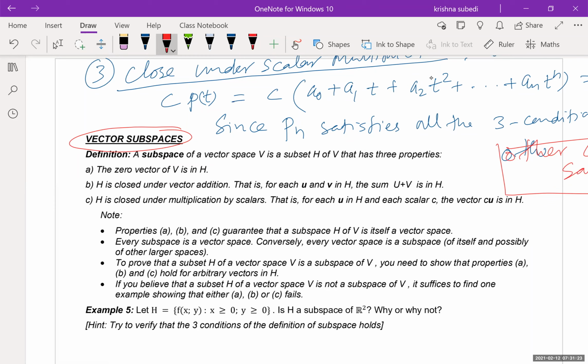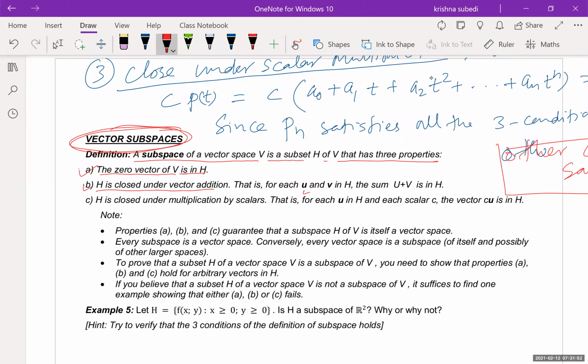Let us define vector subspace. What is a vector subspace? Here is the definition. A subspace of a vector space V is a subset H of V that has three properties. The first property is the zero vector of V is in H. Then H is closed under vector addition.